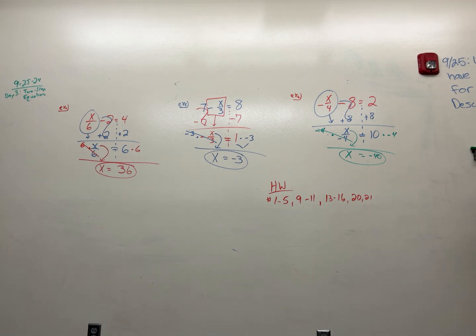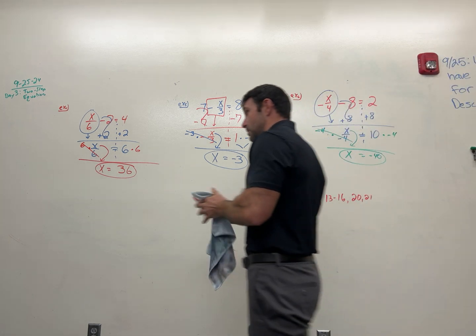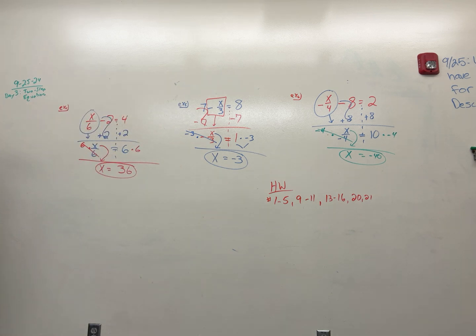You're going to want to copy that down. So numbers, all of 1, 2, 3, 4, 5, 9, 10, 11, 13, 14, 15, 16, 20, and 21. You have 15 minutes to get started. I will help you. I will work with you. But go ahead and get started now.